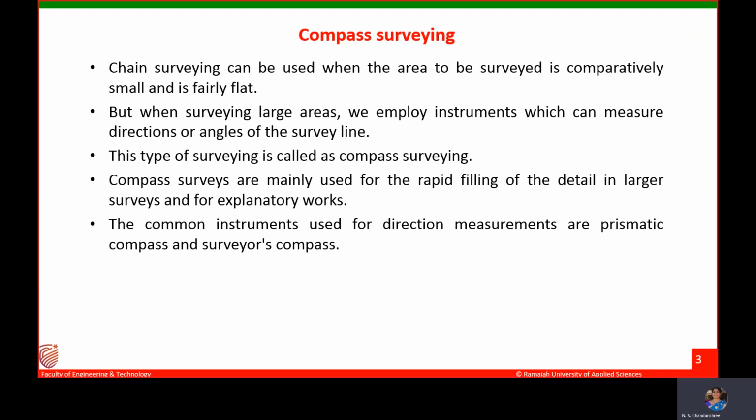There are different instruments which can be employed to measure the angles when the area is large and also when the area has a rough terrain. Using a compass to determine the direction with respect to an absolute direction, that is with respect to the north, is called a compass survey.